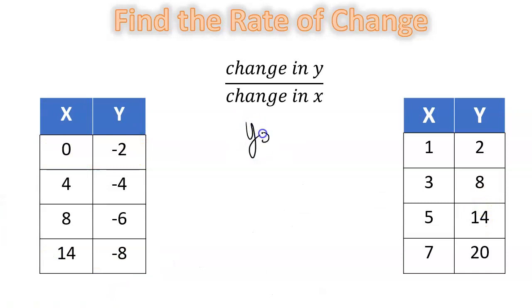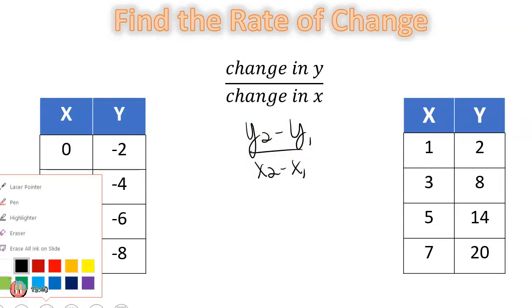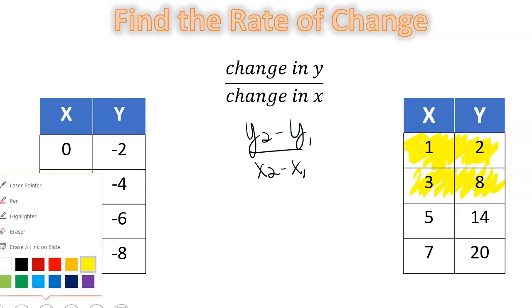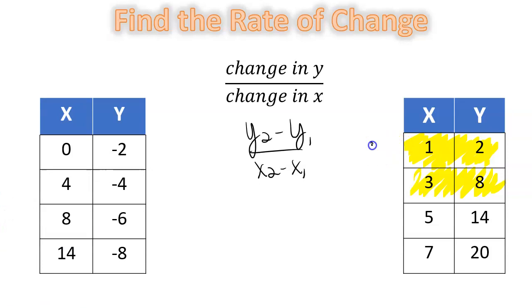So again, y2 minus y1 over x2 minus x1. I'm going to pick 2 points. I'm going to choose first point and second point: 1, 2 and 3, 8. And then I'm going to say x1, y1, x2, y2.